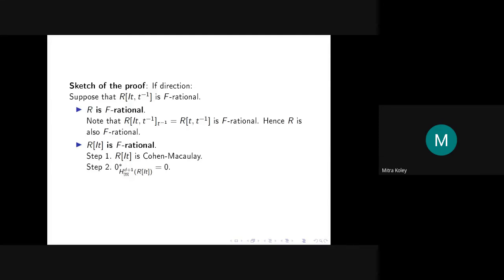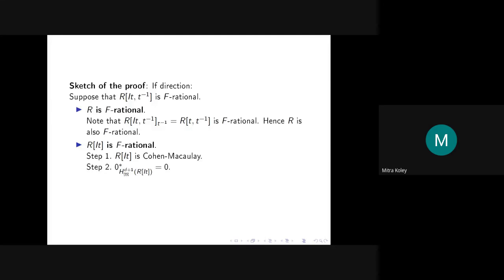The first is that the base ring is F-rational. That is easy, because the extended Rees algebra localized at the element T inverse is also F-rational, since localizations of F-rational rings are F-rational. And now the extended Rees algebra localized at T inverse is faithfully flat over R. Hence R is also F-rational.